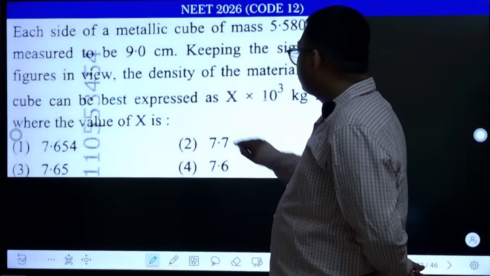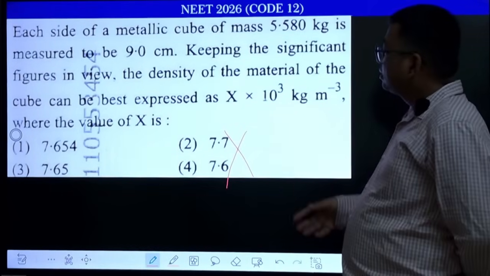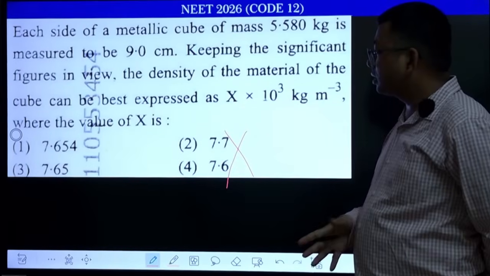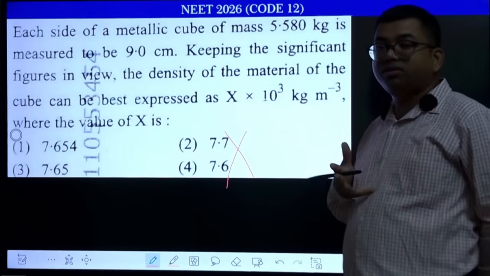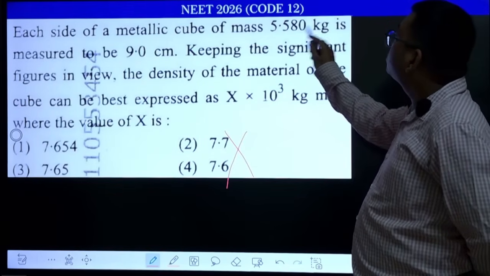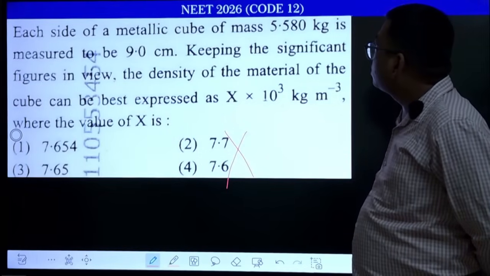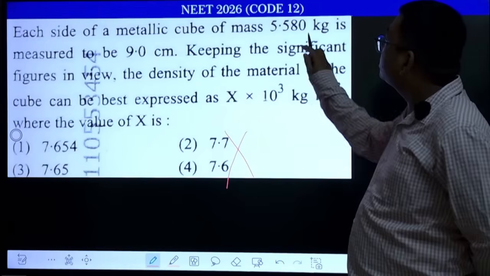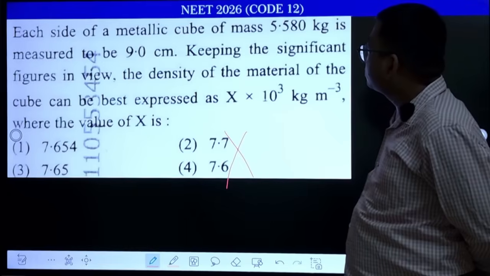So definitely if you forget the rule, then you have to think like this. You cannot choose this after one decimal. That means you have to see the minimum number of significant figures. Minimum significant figures means here 1 2 3, right? And that is 1 and 2. So should we consider this 0 also as significant or not?